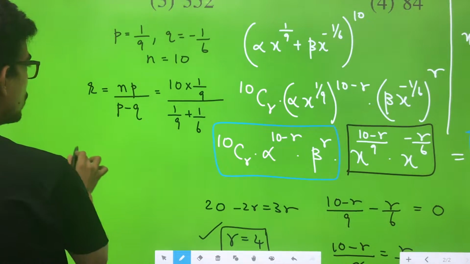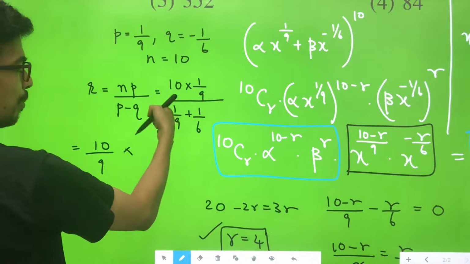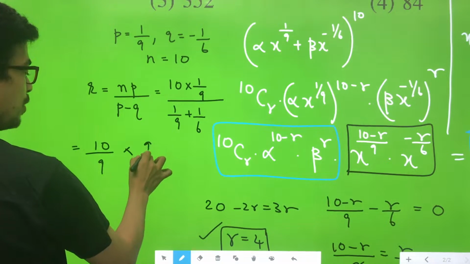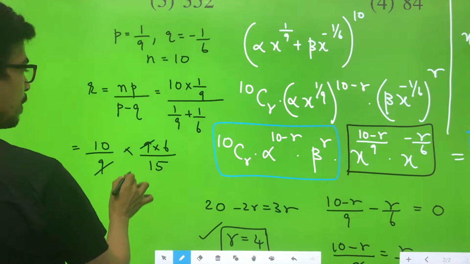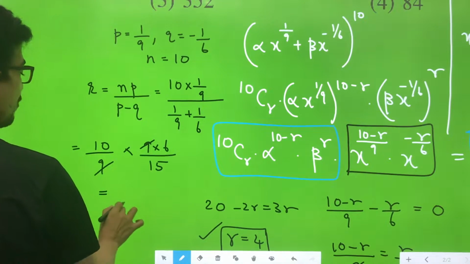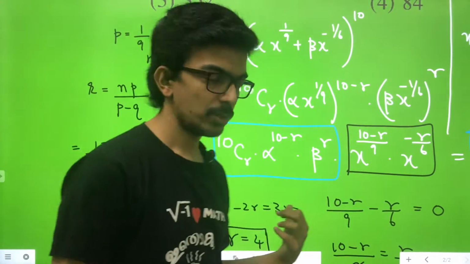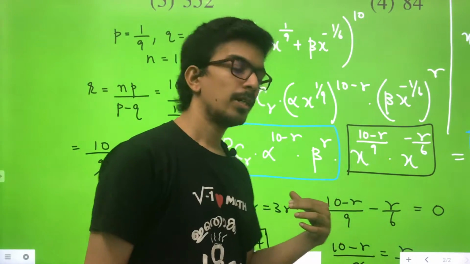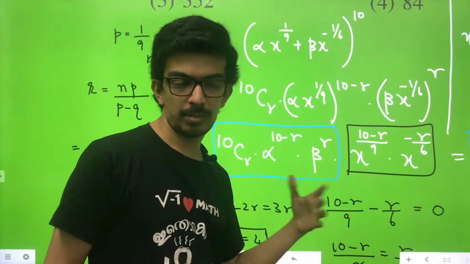Simplify this expression. So this becomes 10 by 9 times 9 into 6 divided by 15. So 9 goes away. We have 60 divided by 15, 4. Again, 4 is the answer we got. So we got the same number as the answer in the regular way as well, the standard procedure.